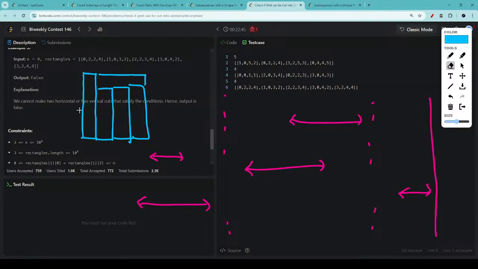Okay, so the rectangles look like this. 0, 2, 2, 4, and then 1, 0, 1, 0, 3, 2. It's like somewhere here. So they're arranged in a way that you cannot cut them horizontally or vertically. You draw the rectangles, they should look something like this.